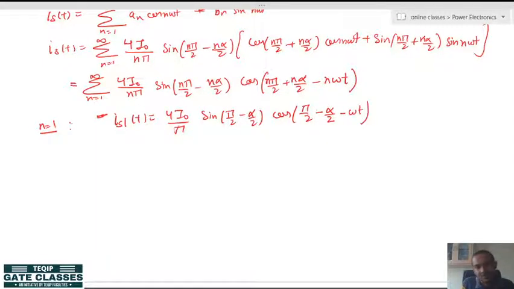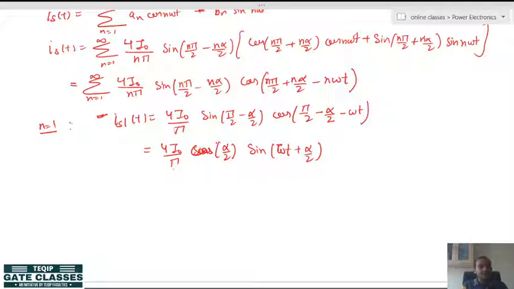You can also write this cos(pi by 2 minus alpha by 2 minus omega t) as, since cos(90 minus theta) is sin theta, 4 I naught upon pi sin(pi by 2 minus alpha by 2), which is simply cos alpha by 2, and it will become sin(omega t plus alpha by 2).